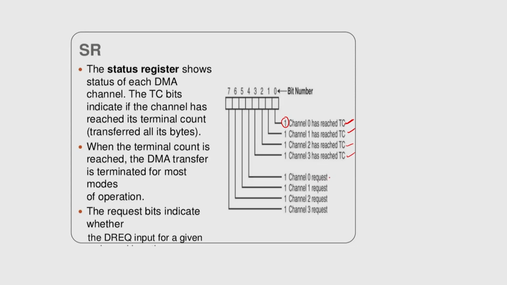The peripheral can be connected to channel 0, 1, 2 or 3. If we want to request through channel 0, this bit we have to make 1; for channel 1, this bit we have to make 1. It is also possible that at a particular time more than one channel becomes 1. In that case you have to assign some priority, and according to the priority you have to decide to whom the request has to be granted.